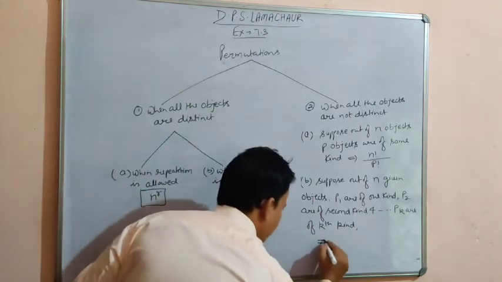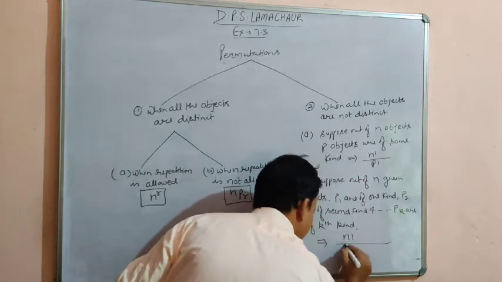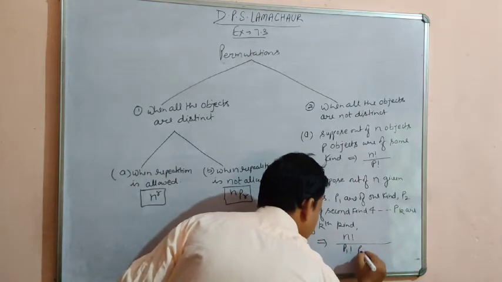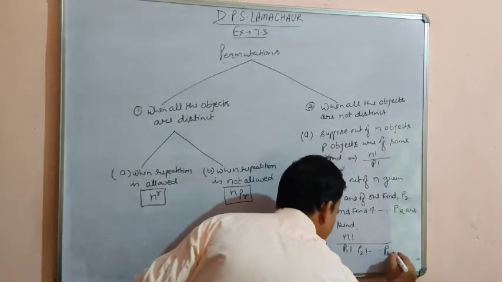The number of permutations will be n factorial upon p1 factorial into p2 factorial and so on pk factorial.